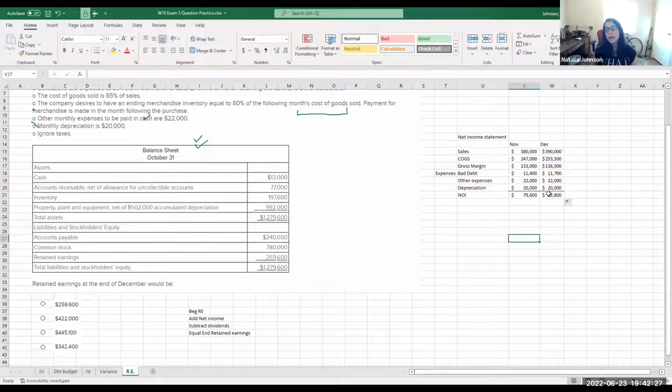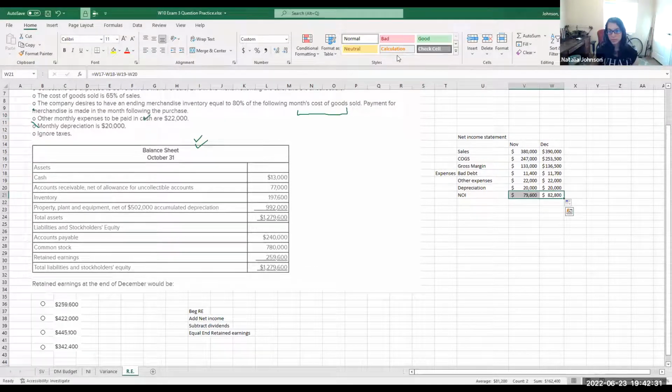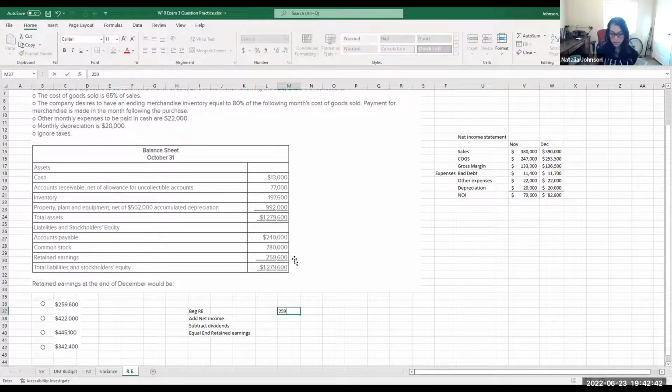Now that we have the two net incomes, we're going to do what Nathan said. The beginning retained earnings is right here, 259,600. Then the net income for November.